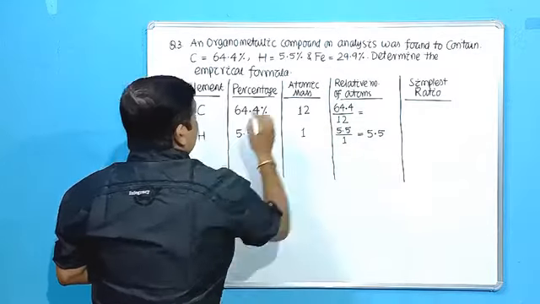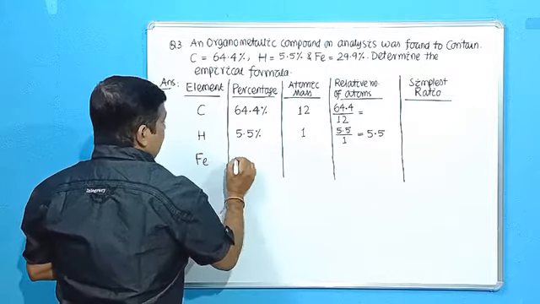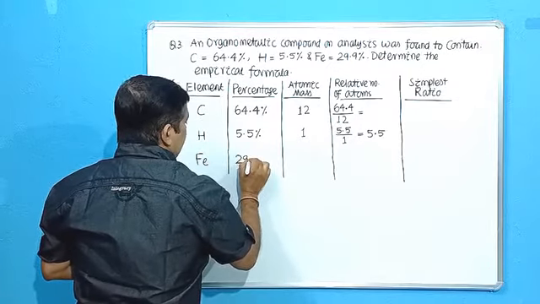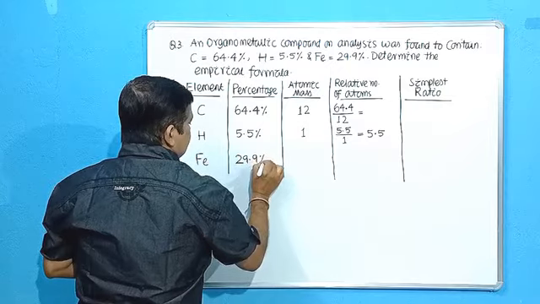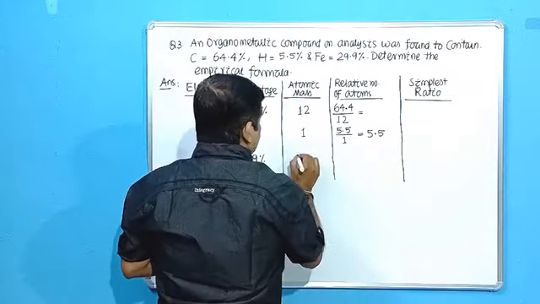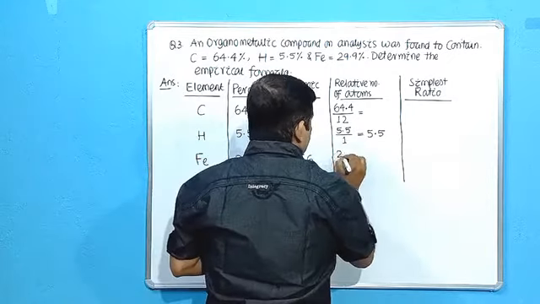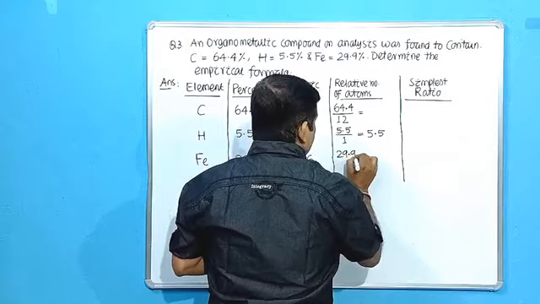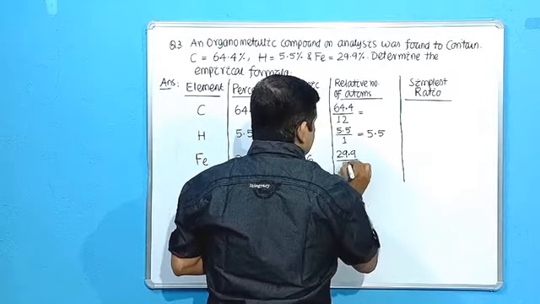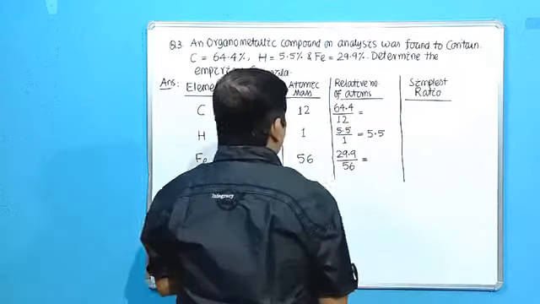Iron percentage is 29.9%, and the atomic mass of iron you know is 56. So it will be 29.9 by 56.